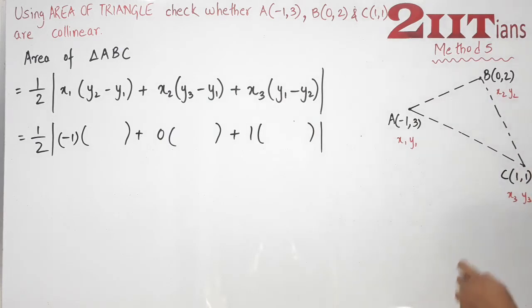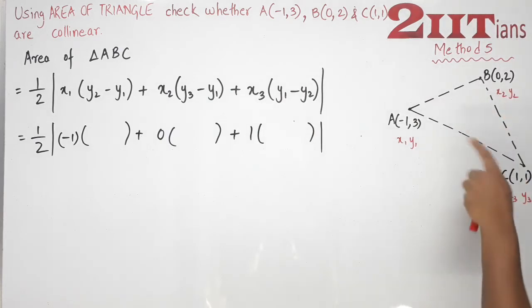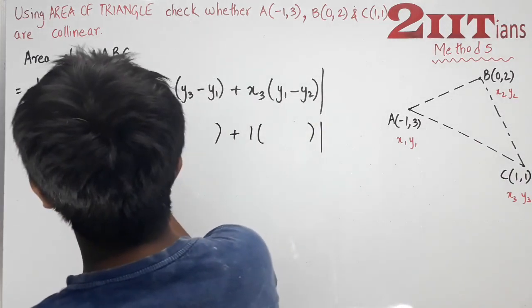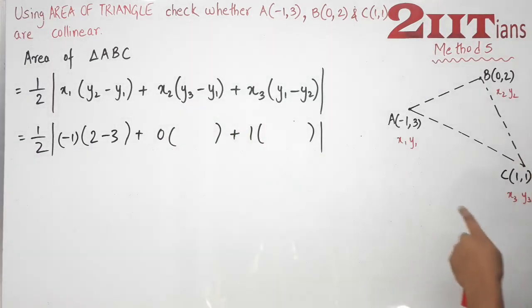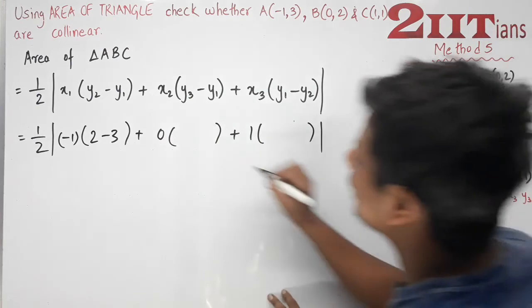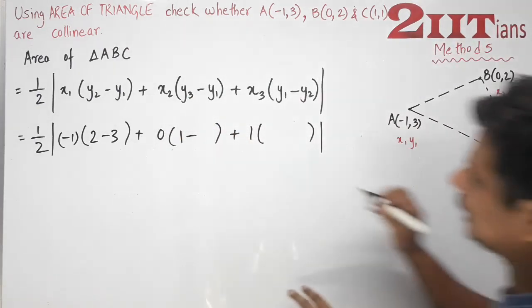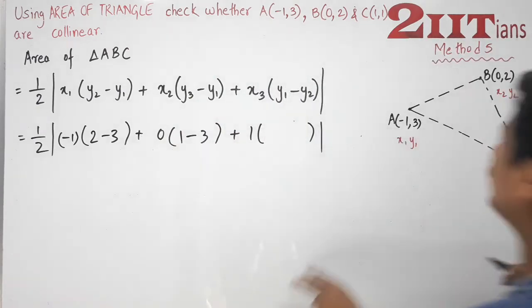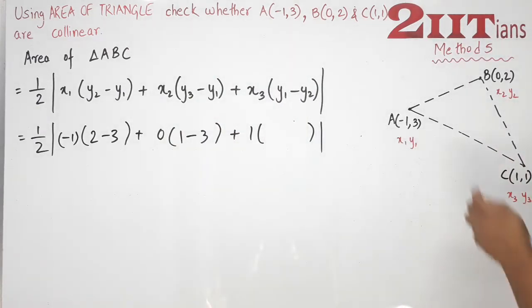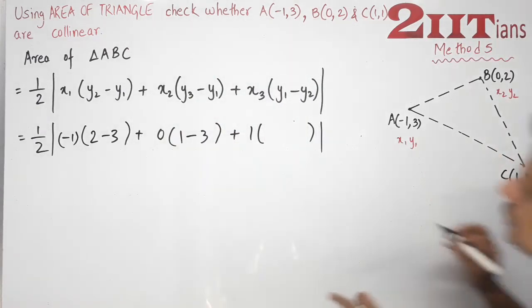What is y2 minus y1? 2 minus 3. y3 minus y1, we don't need to do anything here because 0 is guarding outside. 1 minus 3. And y1 minus y2, 3 minus 2.